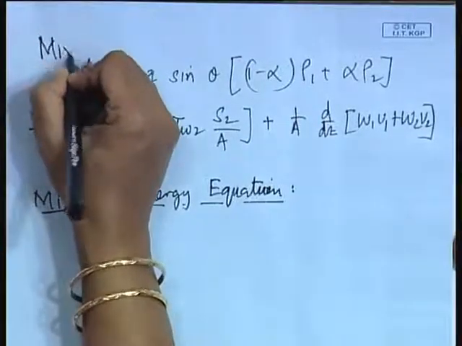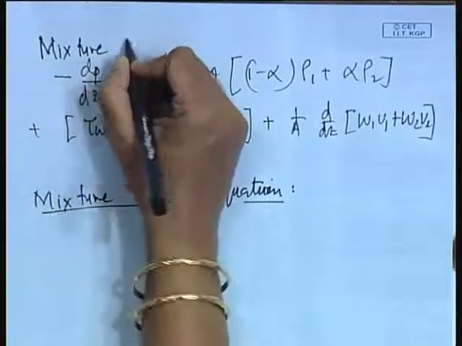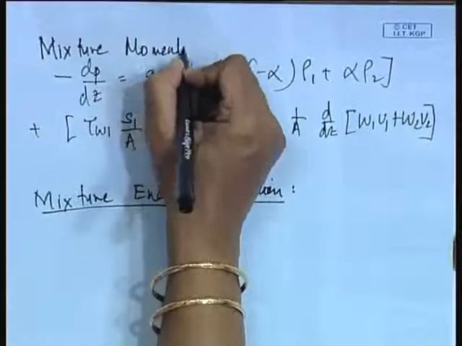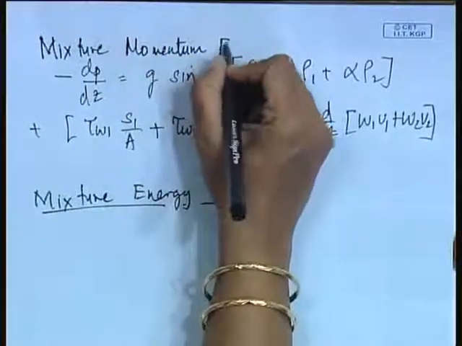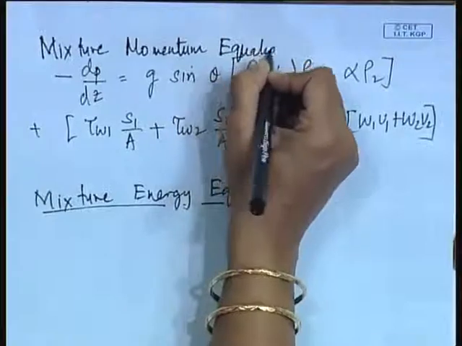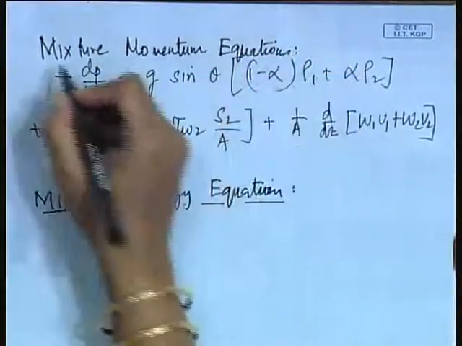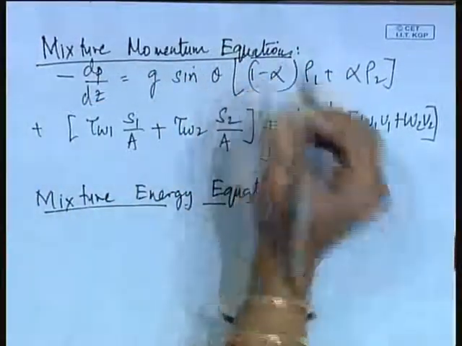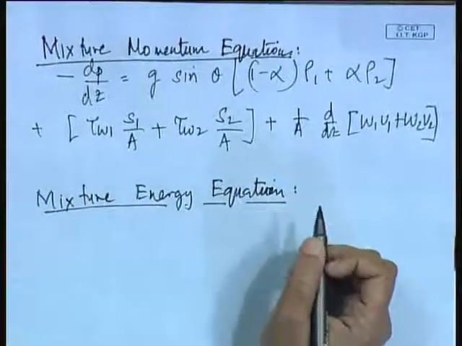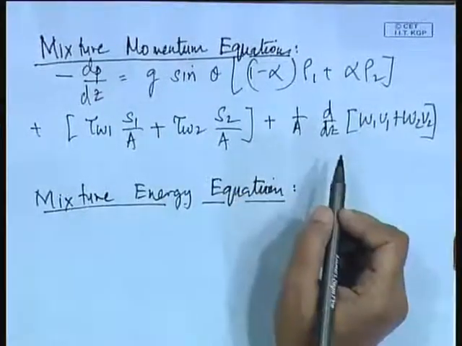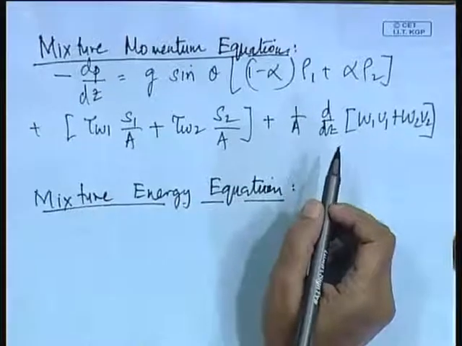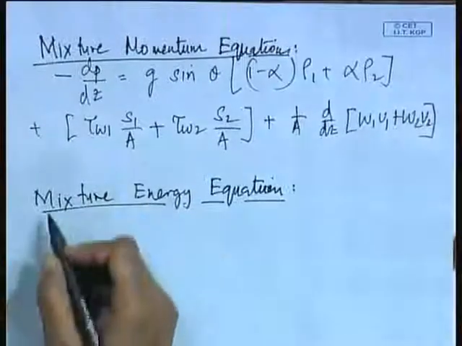This was the mixture momentum equation, which we obtained by adding the equations we had derived for the momentum balance of phase 1 and phase 2. In a similar way, we can find the energy balance equation.